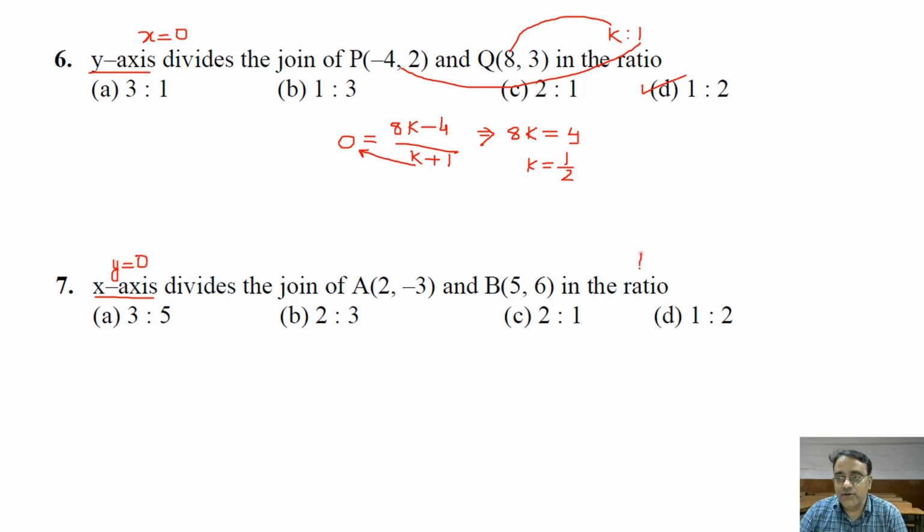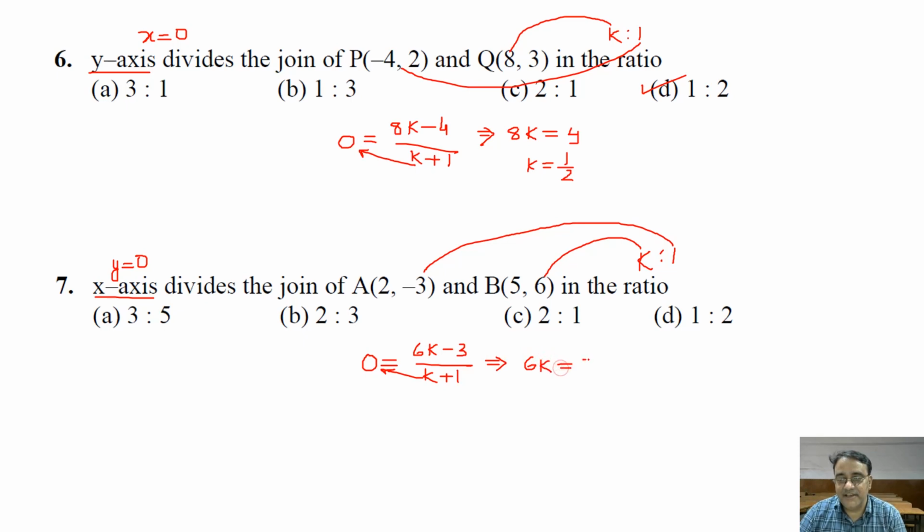Okay, and let us take the ratio as k:1. Now we know the y coordinate formula, because y is given to us, so we take y as 0. Look carefully: m1 y2 that is 6k plus m2 y1 that is -3 upon k plus 1. So k plus 1 into 0 will be 0, and what we are going to get is 6k minus 3 is equal to 0, that is 6k is equal to 3.